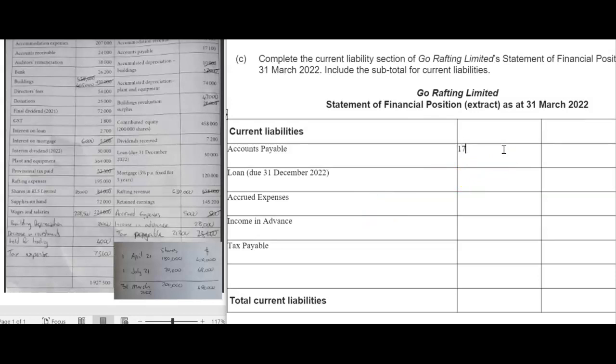And put the figures in. All right, with a total of 101,400. All right, press pause if you need time to catch up.